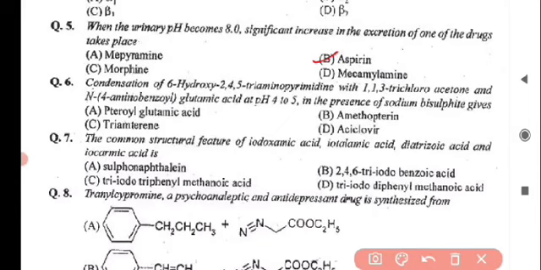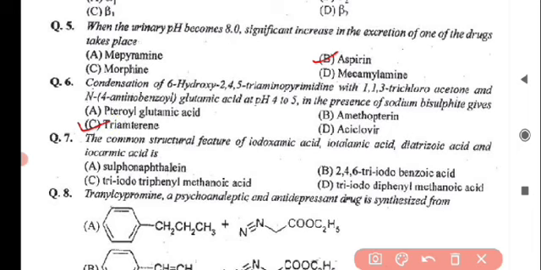Next question is condensation of 6-hydroxy 2,4,5-triaminopyrimidine with 1,1,3-trichloroacetone and N4-aminobenzoyl glutamic acid at pH 4 to 5 in the presence of sodium bisulfite gives, and the correct answer is option number C, triamterene.